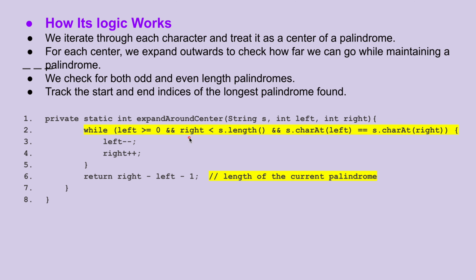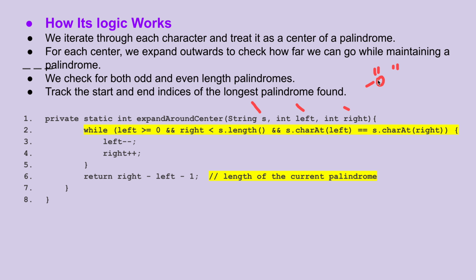Now understand what the logic is here. The logic is we have to pass the string, left and right. First of all, we'll check left should be greater than or equal to 0. The boundary condition should be satisfied, and right should be less than the string length. So this is our boundary condition, that any string we have given will not cross the boundary. Because left we are doing minus minus, it should not go beyond 0.